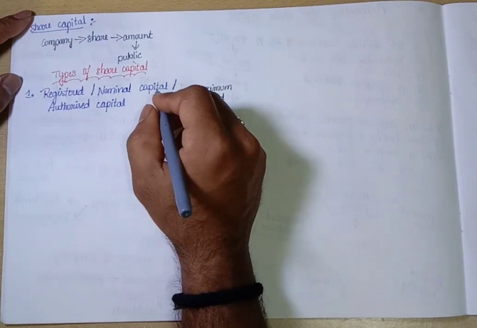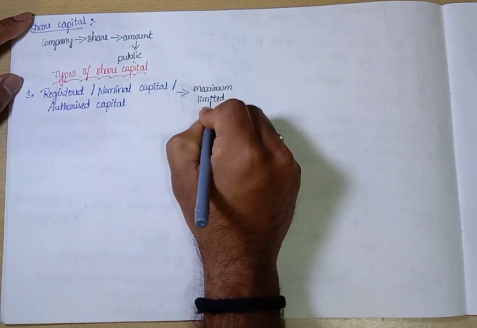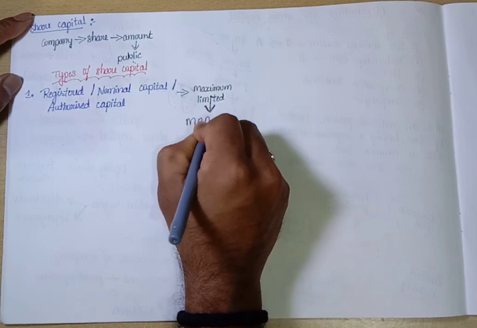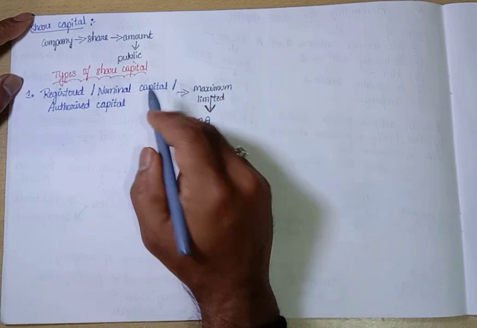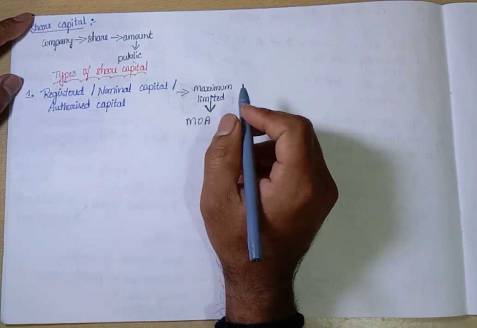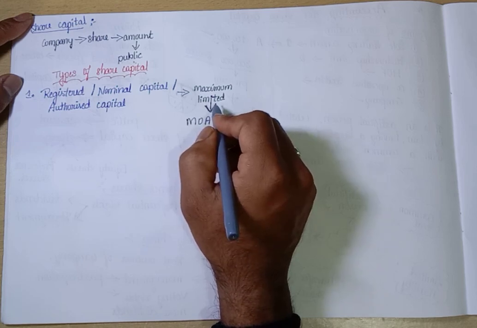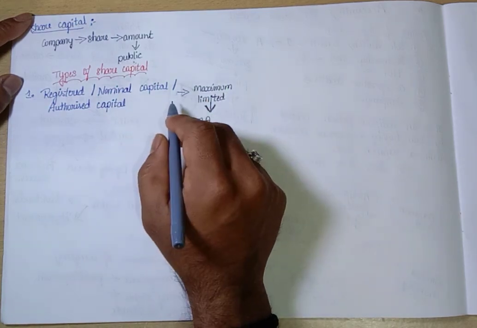it is a limit mentioned in the memorandum of association, under the capital clause. Each company will have a memorandum of association, in which we have different clauses, and in the capital clause this limit is included.